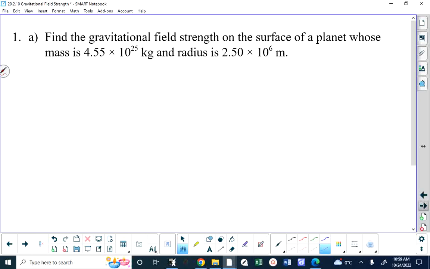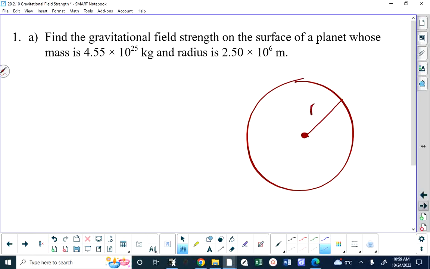One A, find the gravitational field strength on the surface of a planet whose mass is that and whose radius is that. So if you take a look at this situation, you have a planet. Planets are mostly circular, basically circular. This is the radius, and the mass is given to you. If I want to find the gravitational field strength of the planet at that location, I could get on a rocket and go to the planet and hang this from a spring scale, measure the force, measure the mass, and divide them.